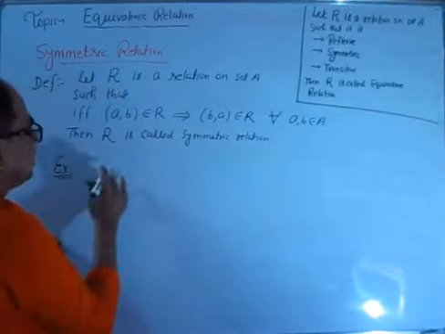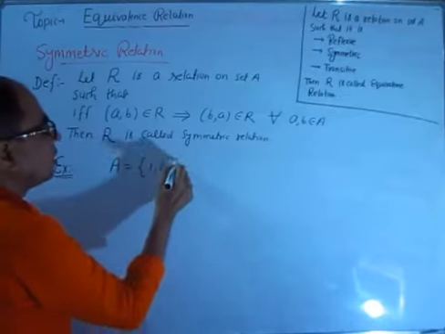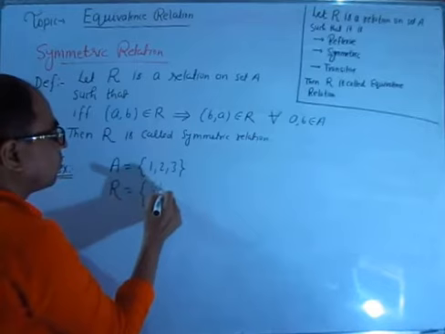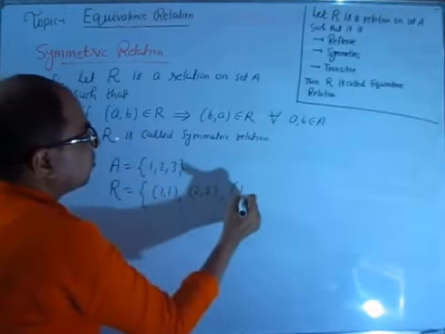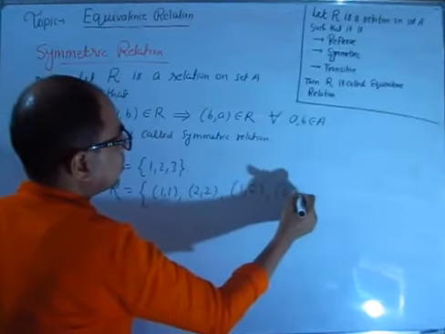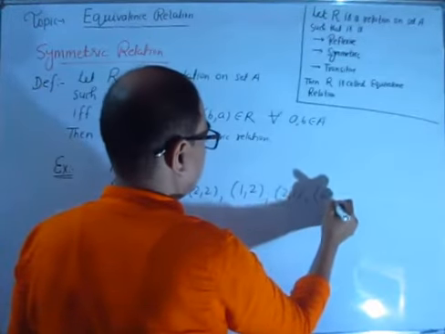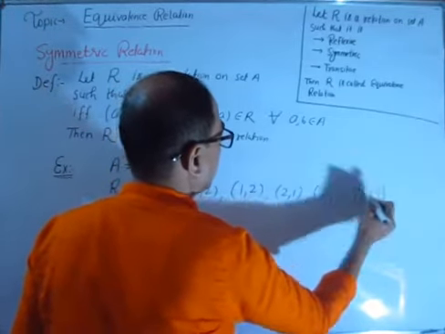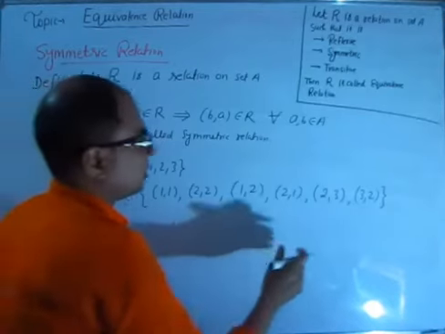Suppose A is a set {1, 2, 3}, and a relation R1 is given: (1,1), (2,2), (1,2), (2,1), (2,3), and (3,2).